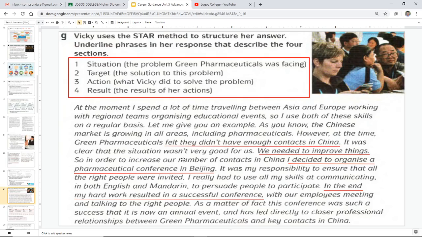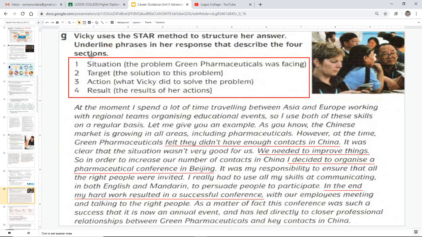So because of her action, Green Pharmaceuticals was able to find important contacts in order to help them sell their products in China.